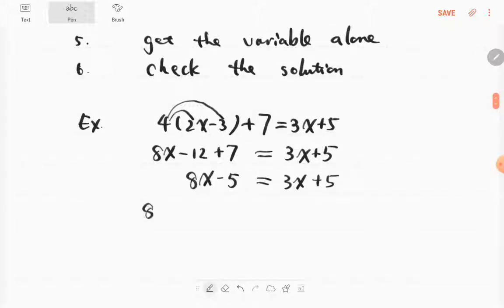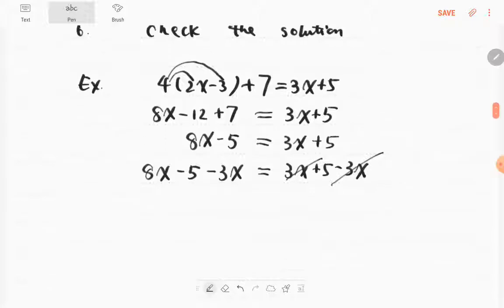So we can do this, minus 3x. After we do that, only one side has the variable because on the right side, 3x minus 3x cancel out. So we only have the number.